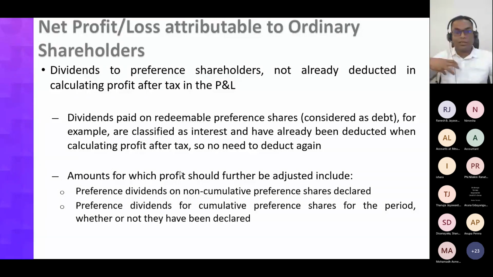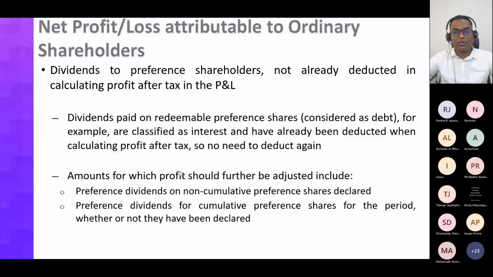Example, if a company issues a preference share with a mandatory redemption date, on that particular date, it's a must for the company to redeem this preference share. In that situation, the preference share is considered as a financial liability.